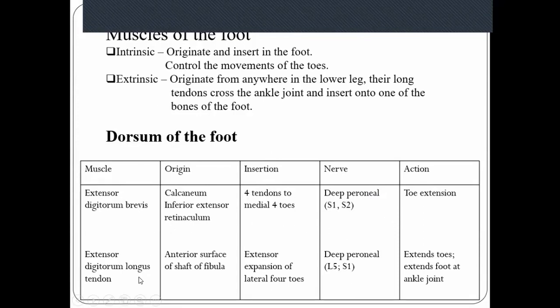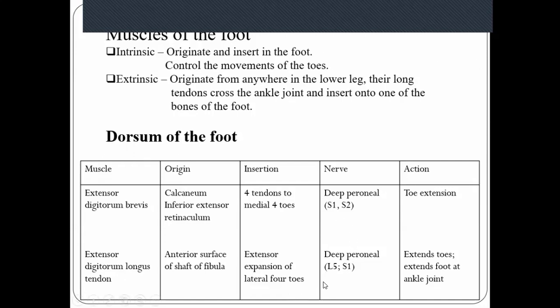The other one in the dorsum of the foot is the extensor digitorum longus tendon. It is a muscle of the leg. Anterior surface of the shaft of the fibula is the origin. So its tendons insert into the extensor expansion of the lateral 4 toes. It's also supplied by the deep peroneal nerve.